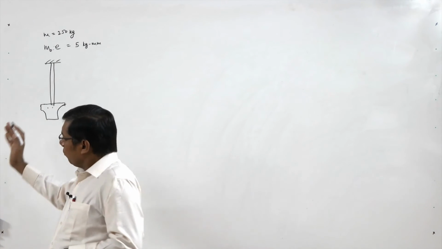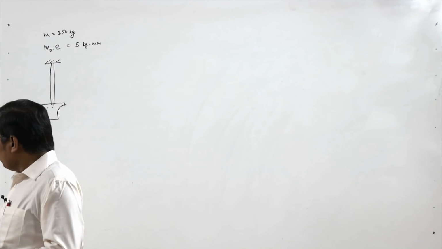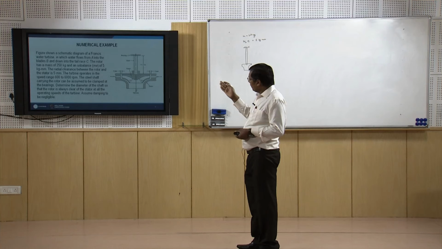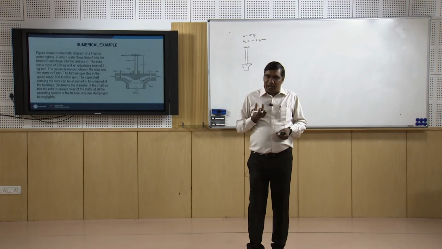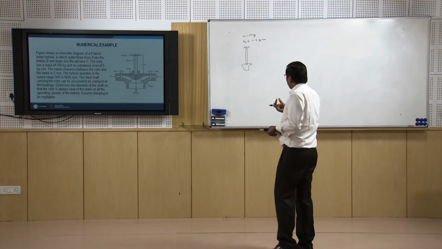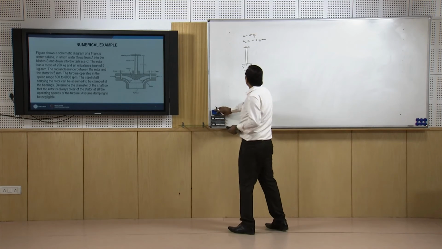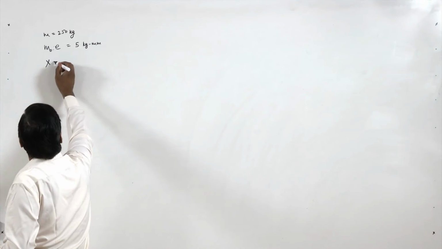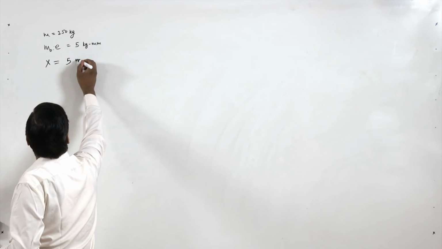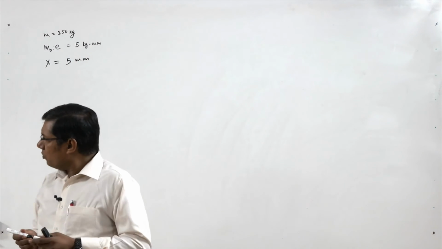And due to this vibration it is possible that the rotor may hit the stator, and the gap is 5 mm. So it means that our x is 5 mm, where x is the amplitude of the vibration.